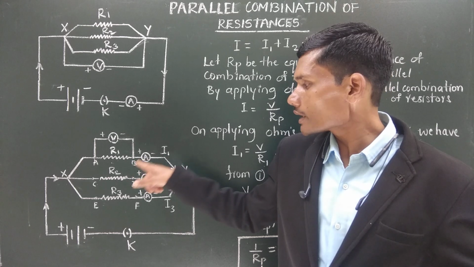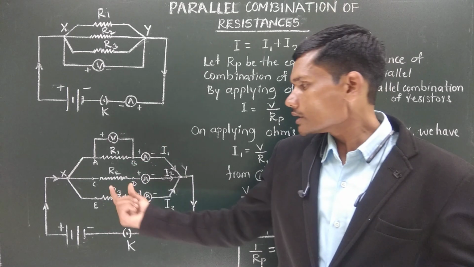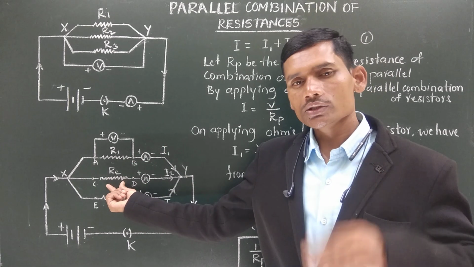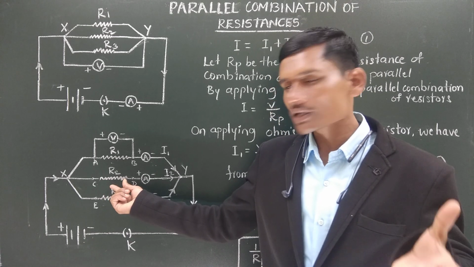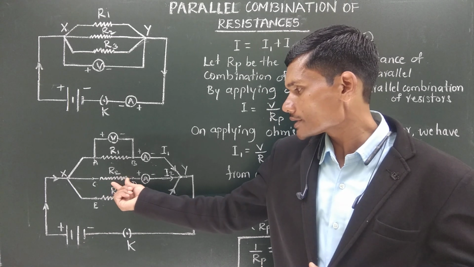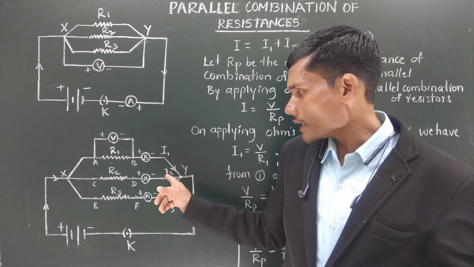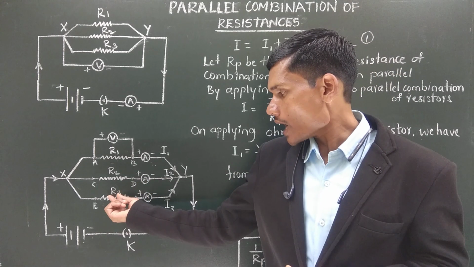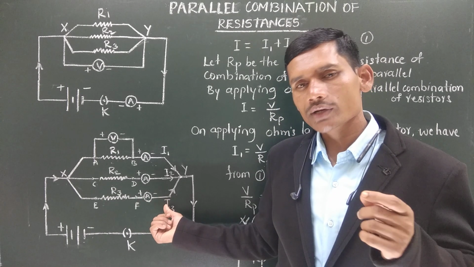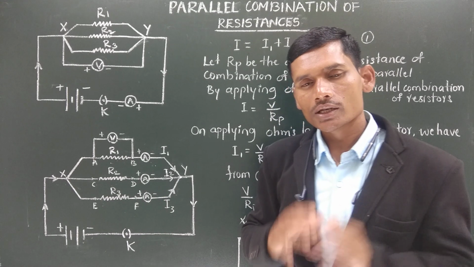That electric current we consider as I1. Similarly, resistor R2 also allows a certain amount of electric current to flow through it, taken as I2. Similarly, R3 gives the current through it, I3.